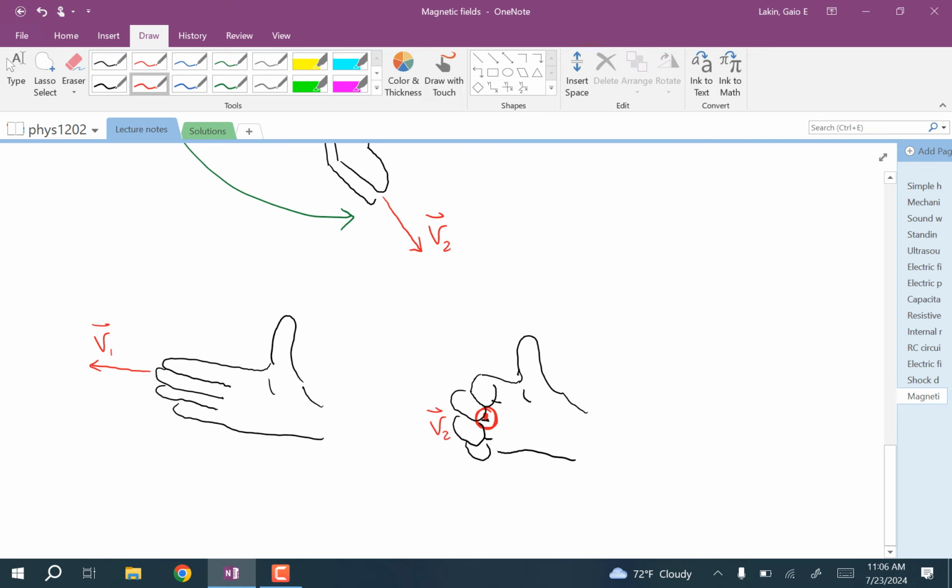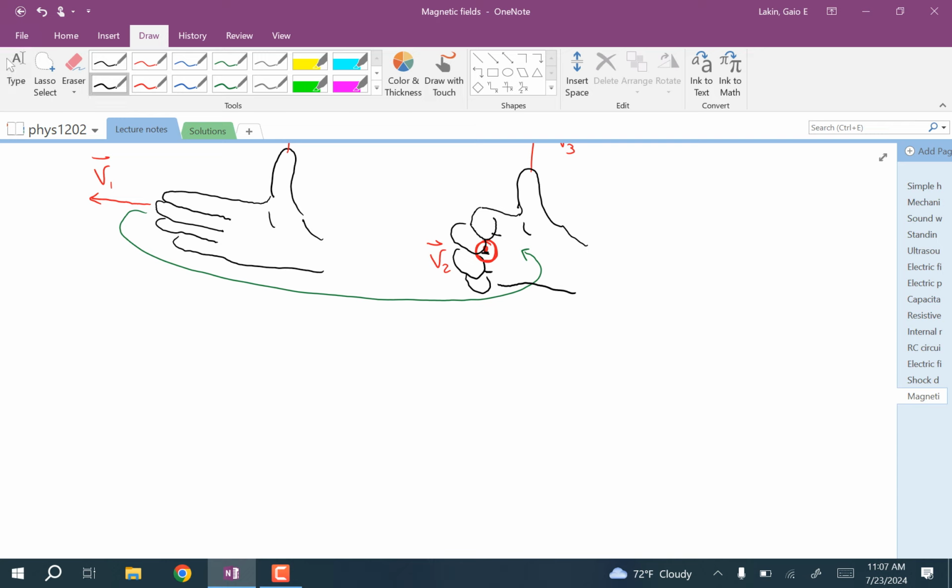In order to rotate from V1 to V2, your fingers rotate this way. And so your thumb is pointing in the direction of the output, V3. So that's how the right-hand rule works. And we're going to see that a lot of these vector calculations we do are using the right-hand rule in order to figure out the direction of the output. All right, so before we get into any equations and anything like that, let's get a little practice thinking about the right-hand rule.